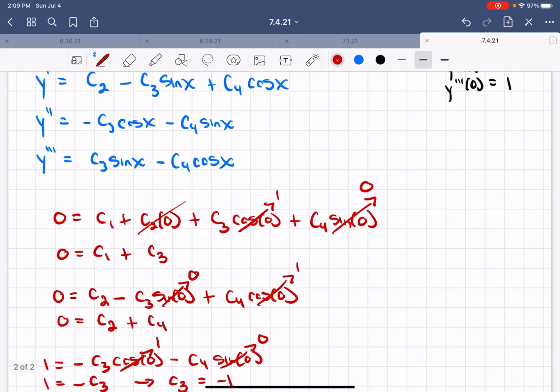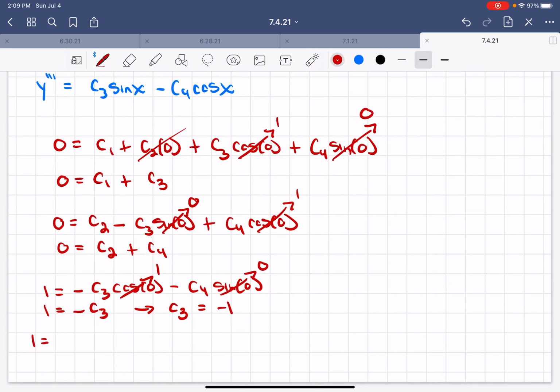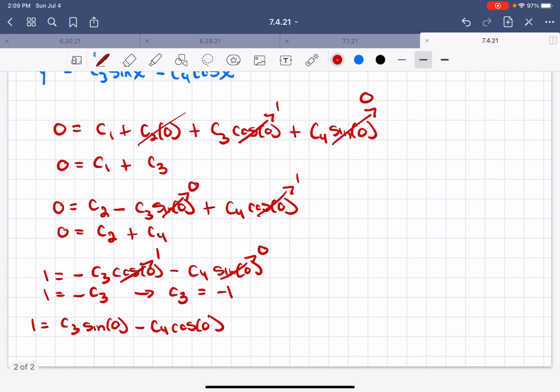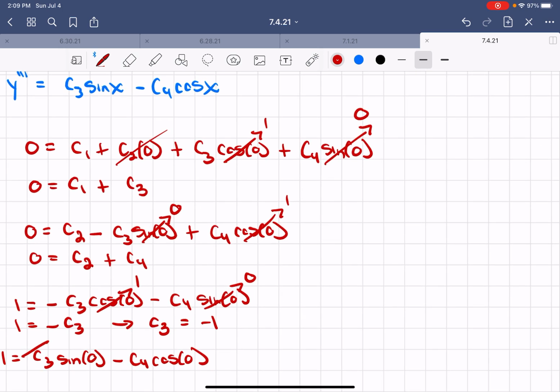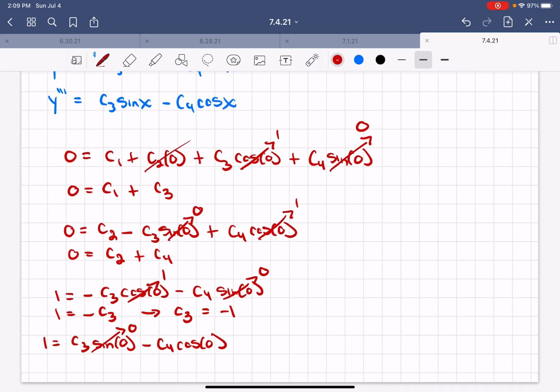And now lastly, y triple prime of 0 equals 1. We're going to plug that into here. 1 equals c3 sine 0 minus c4 cosine 0. So again, that goes to 0, and that goes to 1. So we get 1 equals negative c4, which implies that c4 equals negative 1.